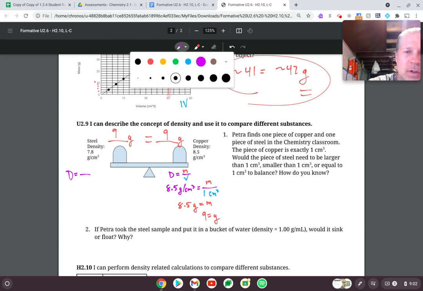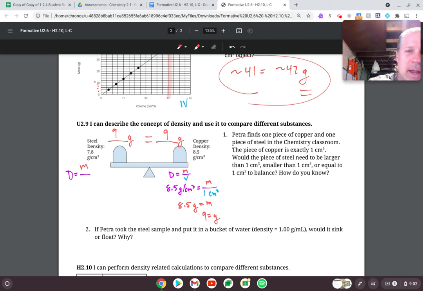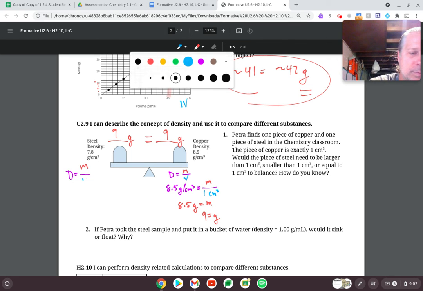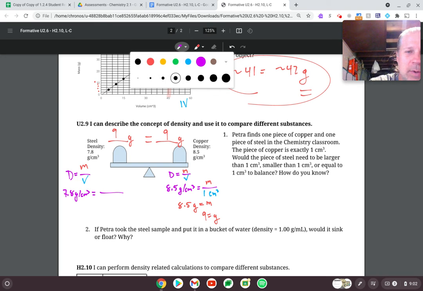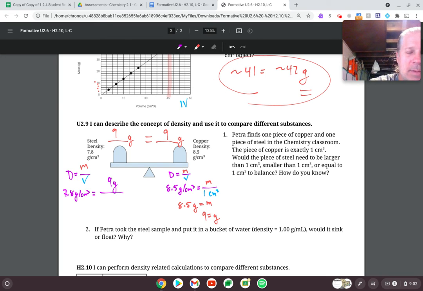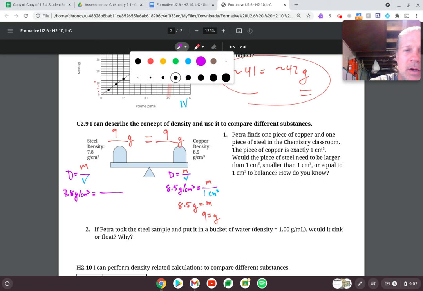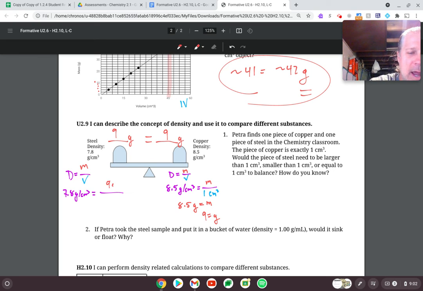Density is equal to mass over volume. We know that the density of steel is 7.8 grams per centimeter cubed. We know that the mass that we want is going to be like 9 grams.